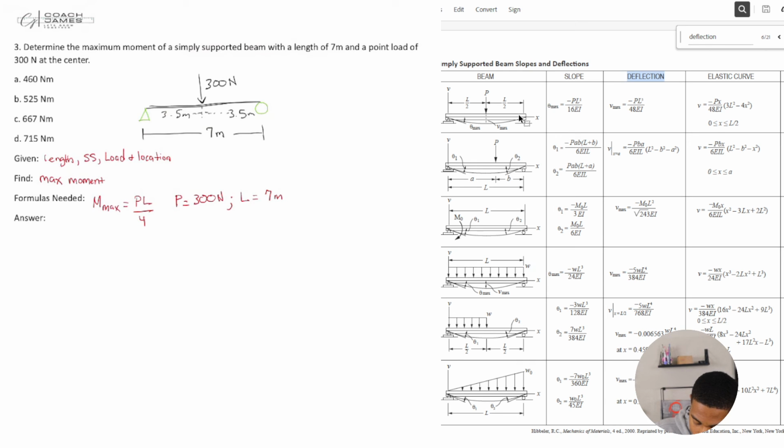All right. So M max is equal to 300 newtons times 7 meters divided by 4, which equals 525 Newton meters, or B.